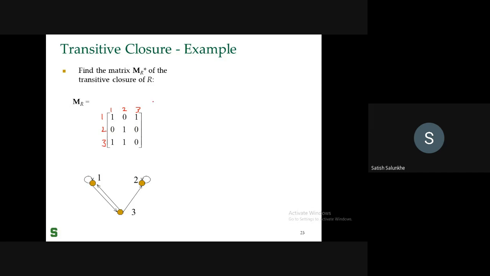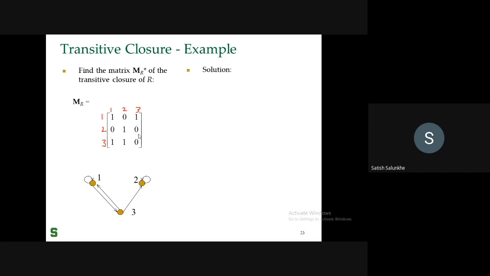Now, this is not transitive. Why? Because (3,1) belongs to R, (1,3) belongs to R, but (3,3) does not belong to R. Therefore, this is not transitive. How to make it transitive?